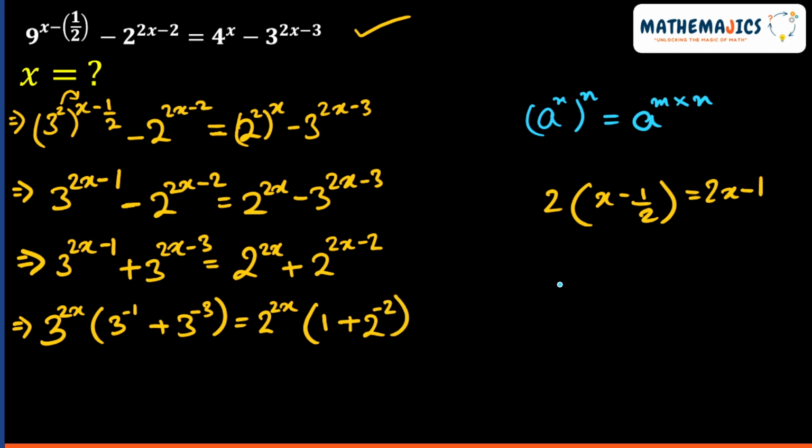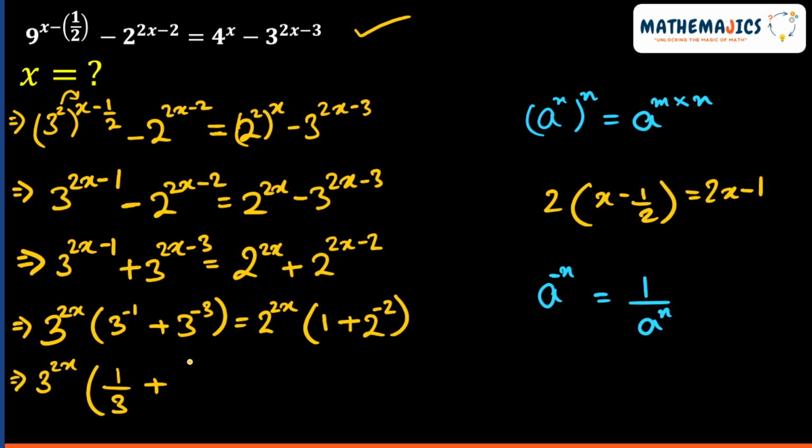Now we will be using one more exponent rule, that is a raised to power any negative number gives us 1 by a raised to power that same number. That means whenever the power is negative, we get the reciprocal of that same number. So let's simplify this further. We will get 3 raised to power 2x and here 3 raised to power minus 1 will become 1 by 3.